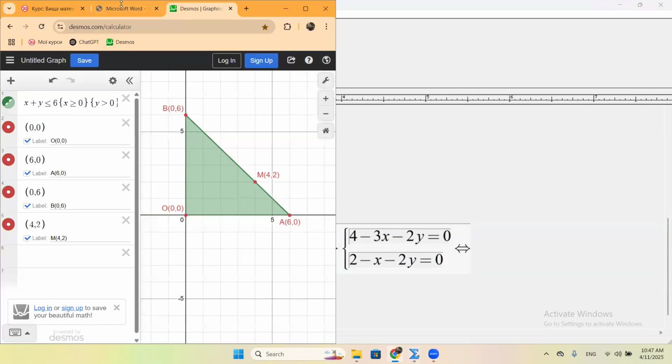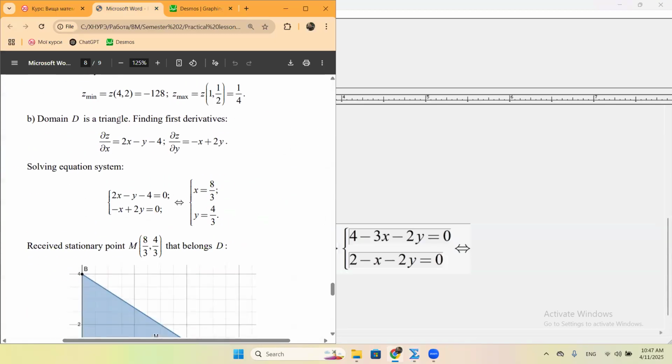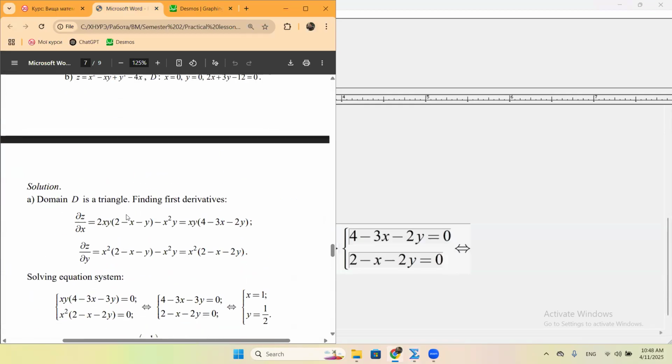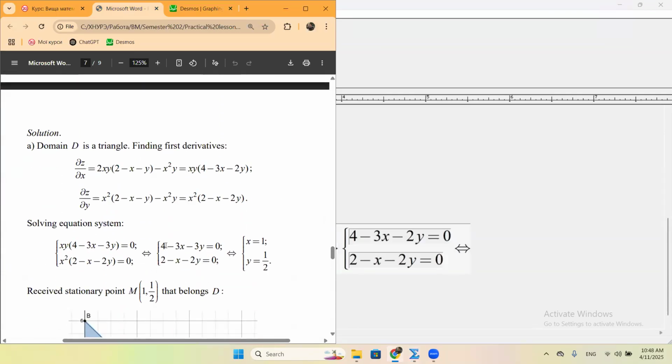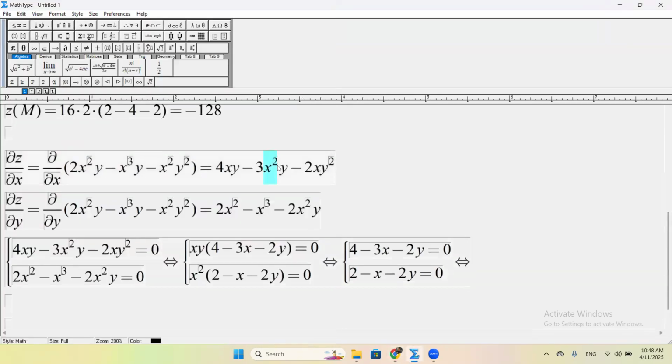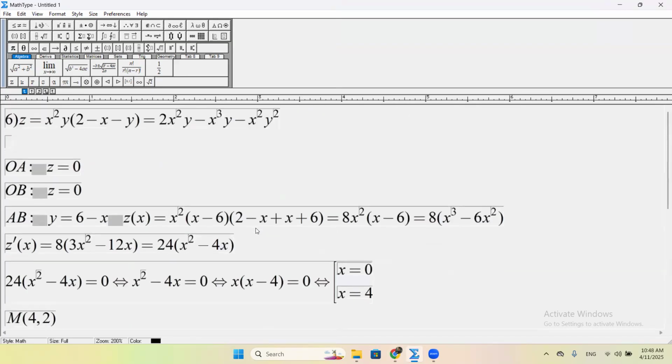Okay, let me check what I have here. So 4 minus 3x minus 3y. Okay, let me check y minus 3y. Minus 3x, y minus 3y.